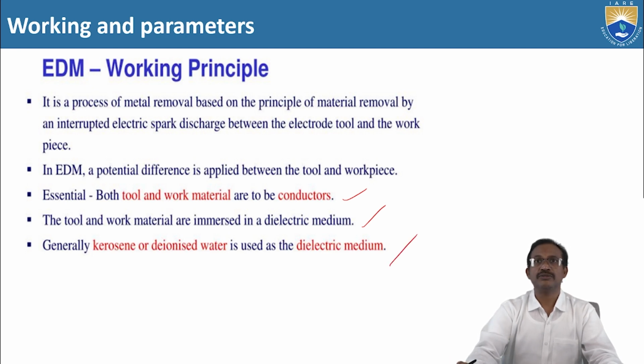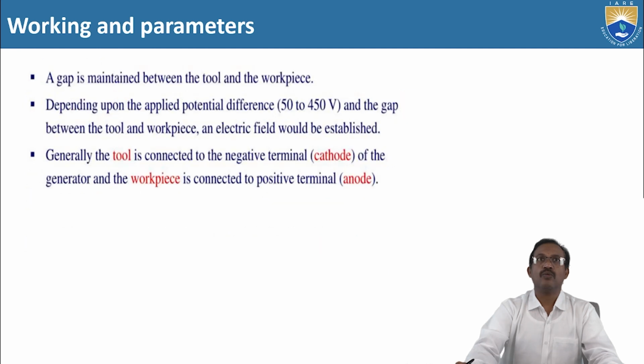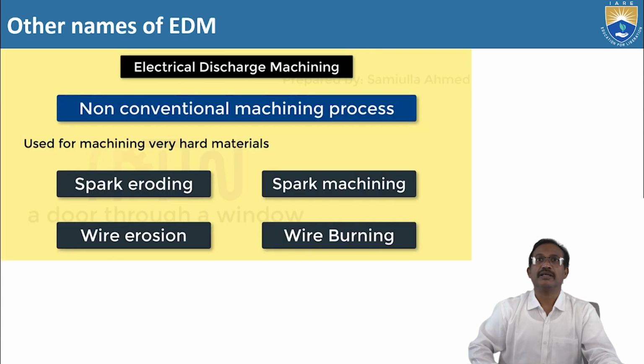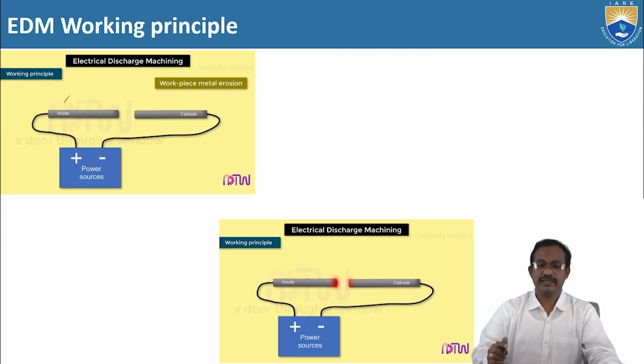Deionized water is used as the dielectric. A gap is maintained between the tool and the workpiece. See here, there is a gap between the tool and the workpiece.